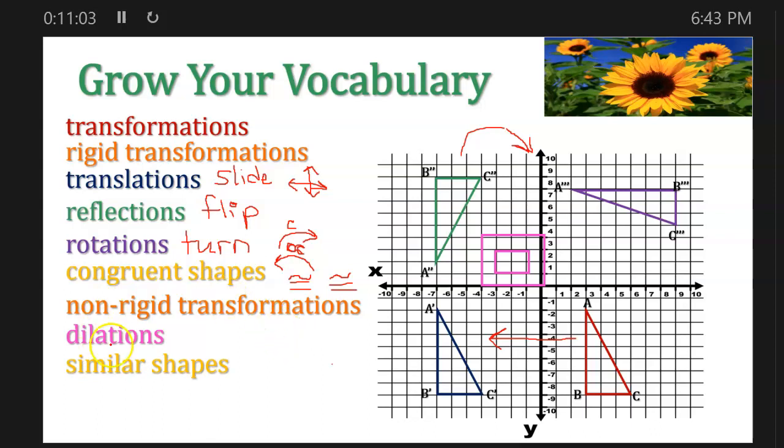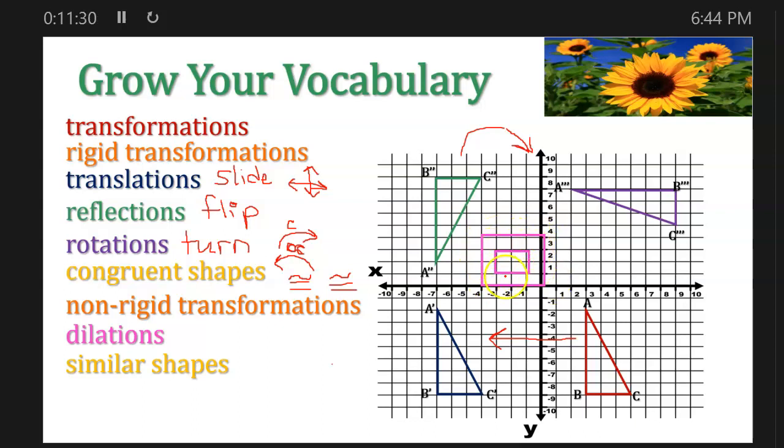Now, when you do a dilation, you end up with a similar shape. It's not congruent. Similar shapes mean that the angle measurements are still the same. So notice in the inside of your beginning quadrilateral, each one of those angles is a 90-degree right angle. The same with the larger one. Each one of those angles on all four corners are 90 degrees.